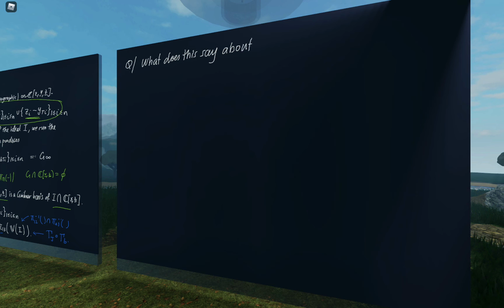So what does this say about composing morphisms in LG?